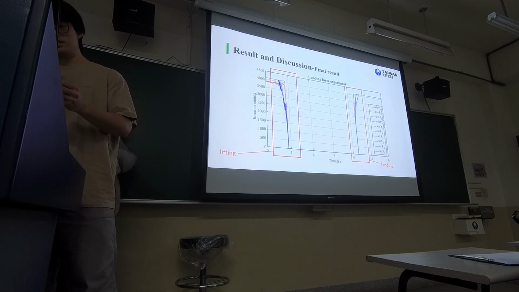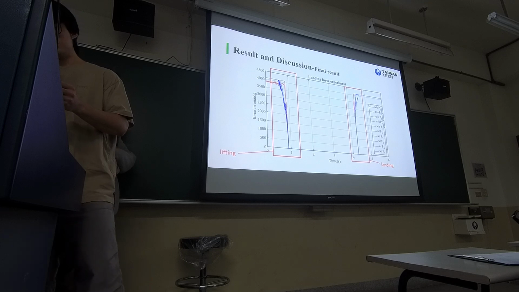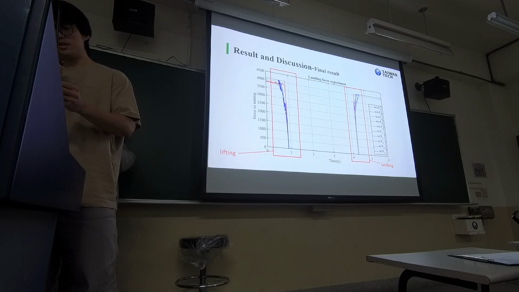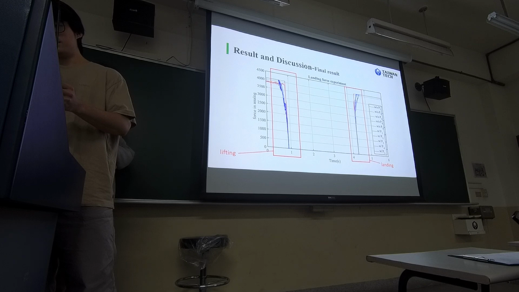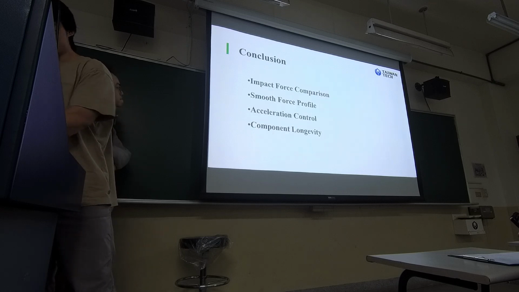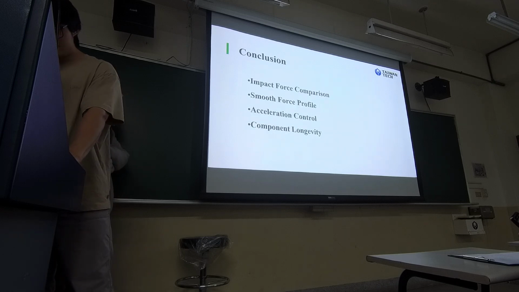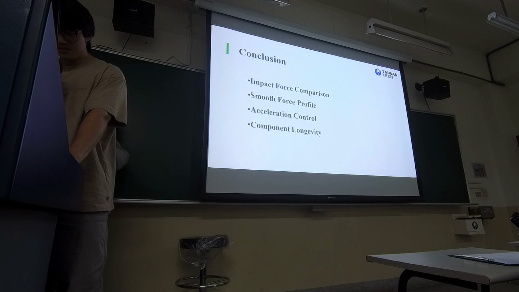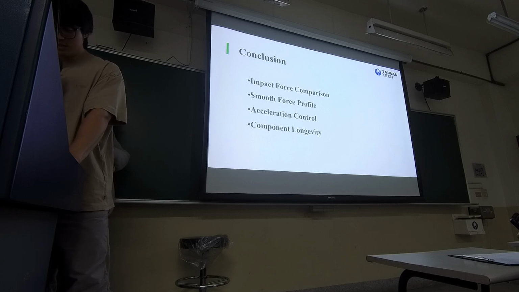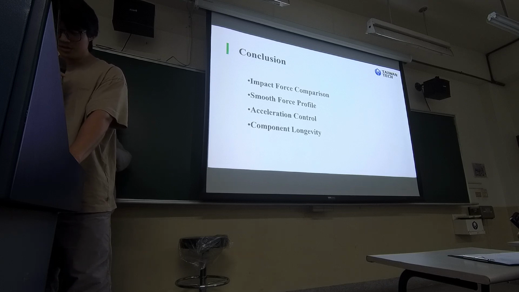In contrast, the result with trajectory planning demonstrates a smoother landing force. This is because trajectory planning controls the acceleration at the moment of landing, ensuring the acceleration approaches 0.